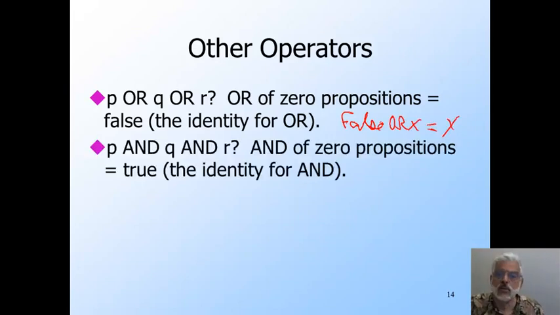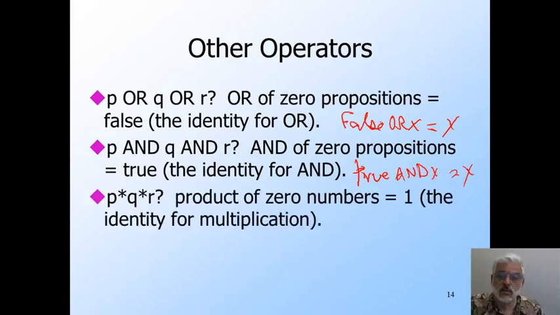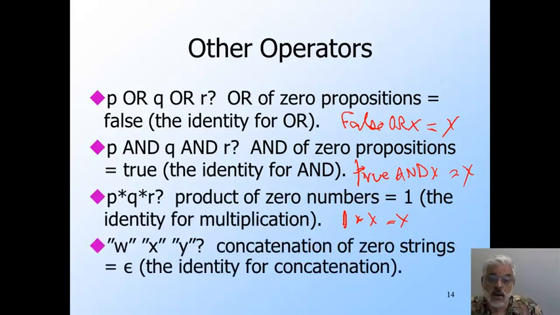Similarly, the AND of no propositions is true because true AND x equals x. The product of no integers or reals is 1 because 1 times x equals x. And if we concatenate 0 strings, we should get the empty string, since epsilon concatenated with any string x is x.